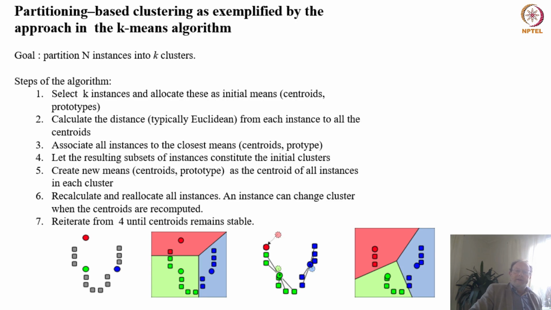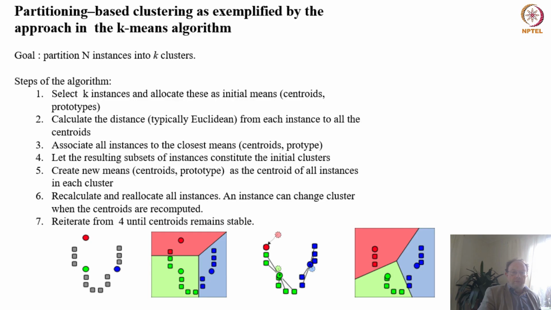Partitioning-based clustering is here exemplified by the k-means algorithm. And actually, the k-means algorithm is also an instance of the subcategory centroid-based clustering. So the goal is to partition n instances into k clusters.